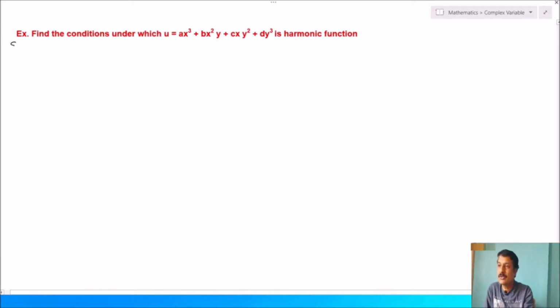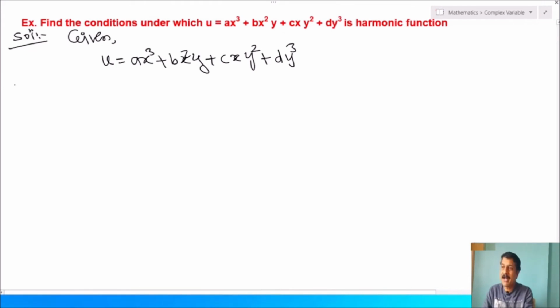So what is the solution for this? Given u equal to ax cube plus bx square y plus cxy square plus dy cube. So what is the differentiation? Partial differentiation of u with respect to x. It is del u by del x equal to 3ax square plus 2bxy plus cy square. And second derivative with respect to x means differentiate partially with respect to x again.